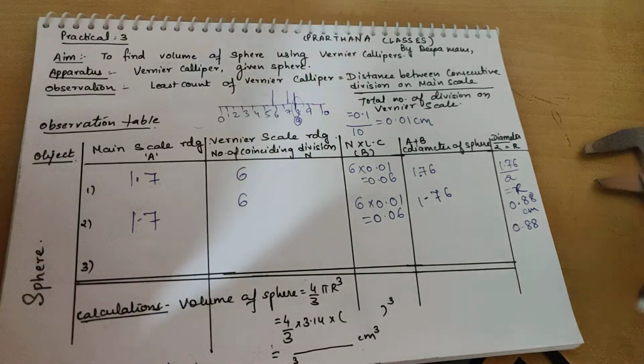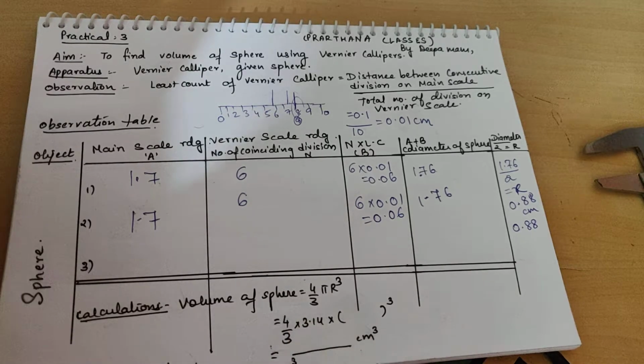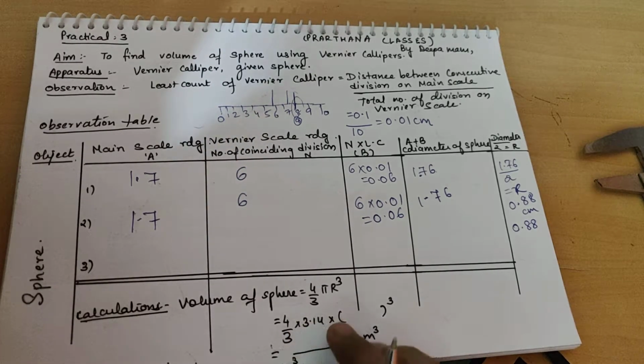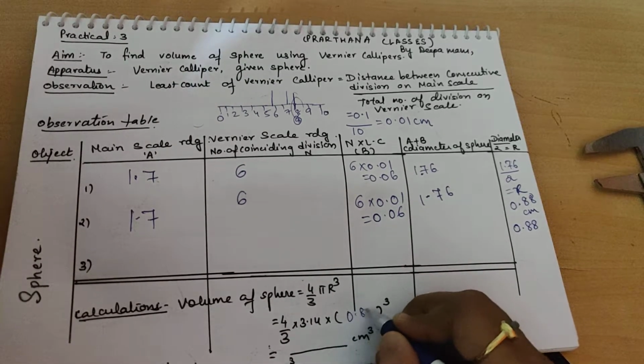So you know what is the volume of the sphere? It is 4 upon 3 pi r cube. Fine. So 4 upon 3 into 3.14, and this is 0.88.